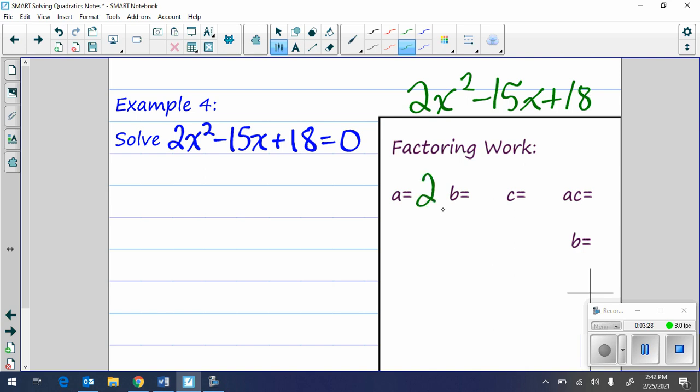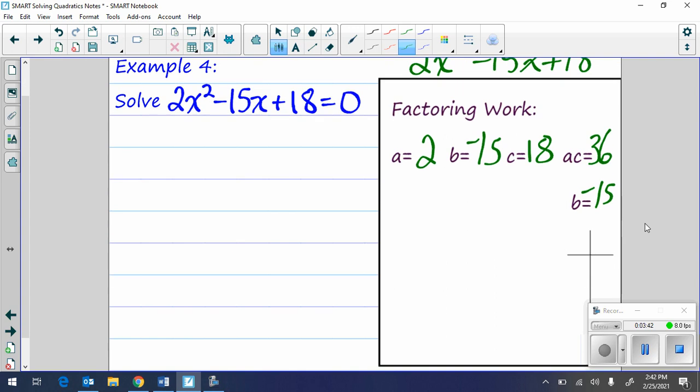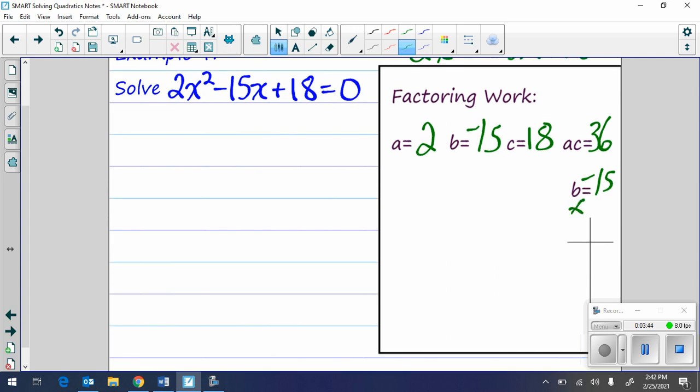So A is 2, B is -15, C is 18. I'm going to do A times C, so 2 times 18 is 36. And then B is -15. So I want to multiply to 36 and add to -15.